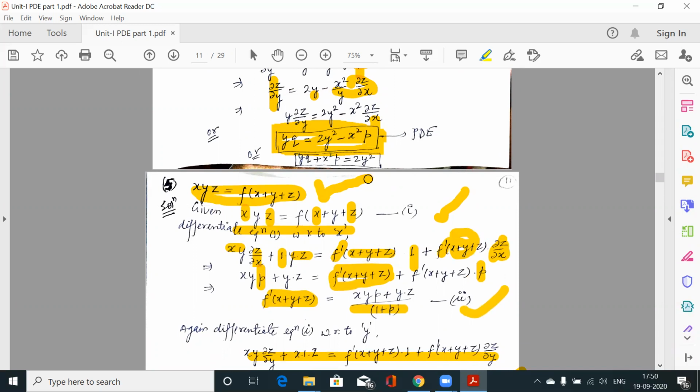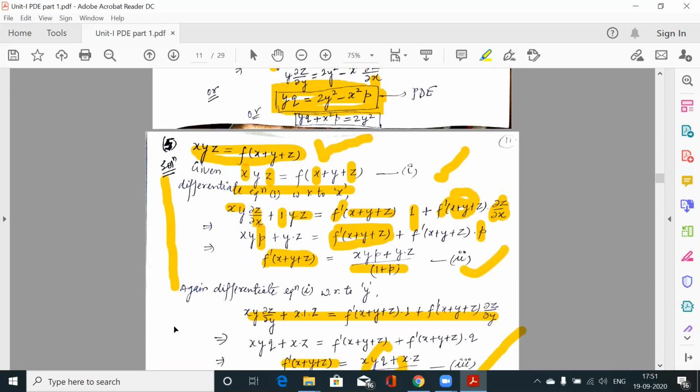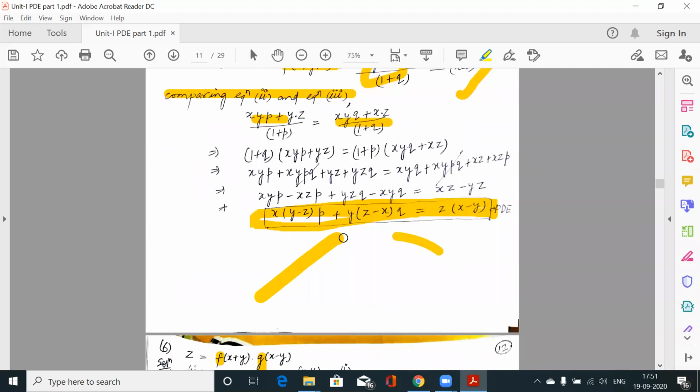If you don't consider it concept 3, just do the exercise using both concept 1 and concept 2. You don't need to remember the third concept, but if you remember the third concept, the question would be easy to solve. That is the purpose only. So xyz is equal to function of x plus y plus z. If we don't know the third concept, we are solving it through concept 2. We are getting the answer. This is our answer.